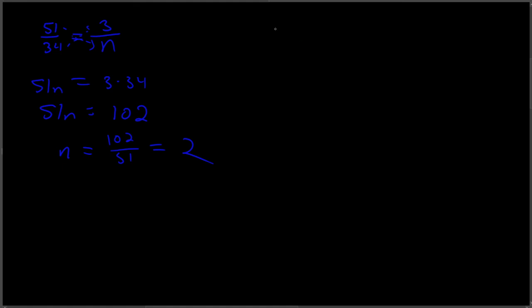We can sometimes get proportions that come up with decimal relations. We can have y divided by 9 is equal to 0.6 over 1.2. We don't need to clear the decimal here because we're going to be cross-multiplying. So I get 1.2y is equal to 9 times 0.6, which is 5.4.